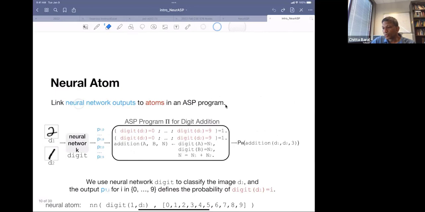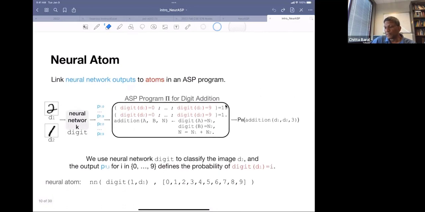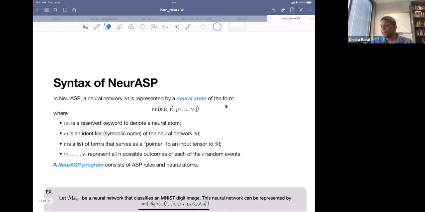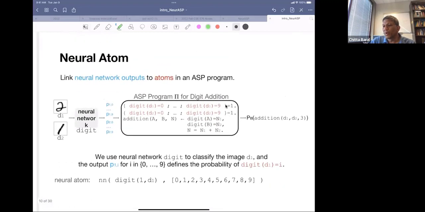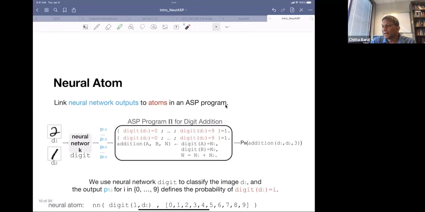In this code, there will be two neural atoms: nn digit 1 D1, and another nn digit 1 D2 with the same thing. NN is a reserved keyword. M is an identifier of the neural network. T is a list of terms that serves as a pointer to the input tensor. V1 to Vn represent all n possible outcomes. And E is the number of random events. This will not be clear now, but in this case E is just one because there's one way we are looking at these particular digits.